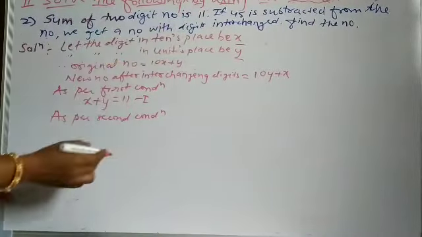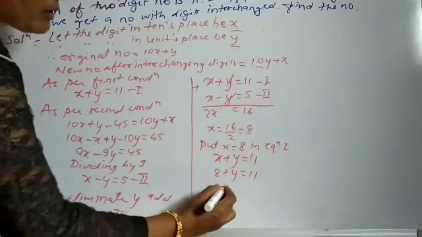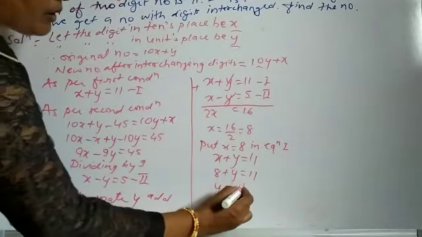Now to get the value of y, put x is equal to 8 in equation 1, or any one equation you can use. So x plus y is equal to 11, 8 plus y is equal to 11. So y is equal to 11 minus 8, that is 3.